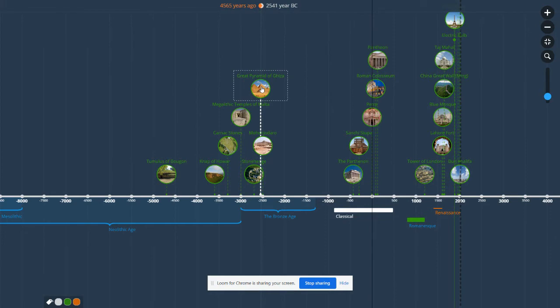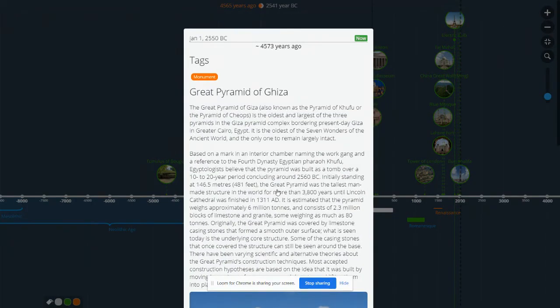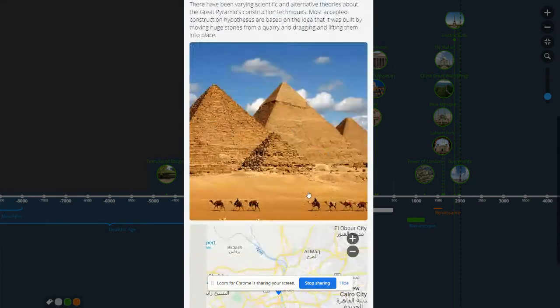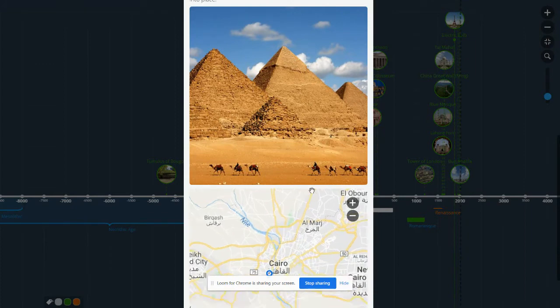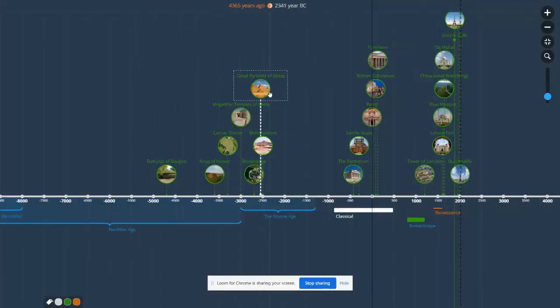And then we see the big one, the pyramids of Giza, about 4,500 years ago. So amazing, when you look at the scale of these things. The Roman Colosseum was built some 2,000 years after the pyramids.